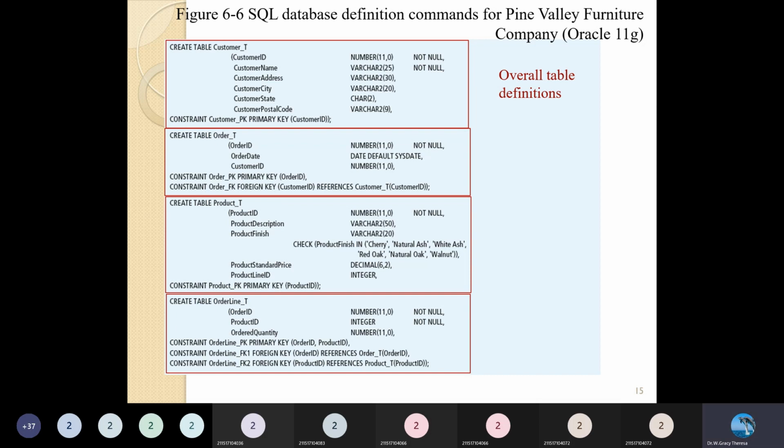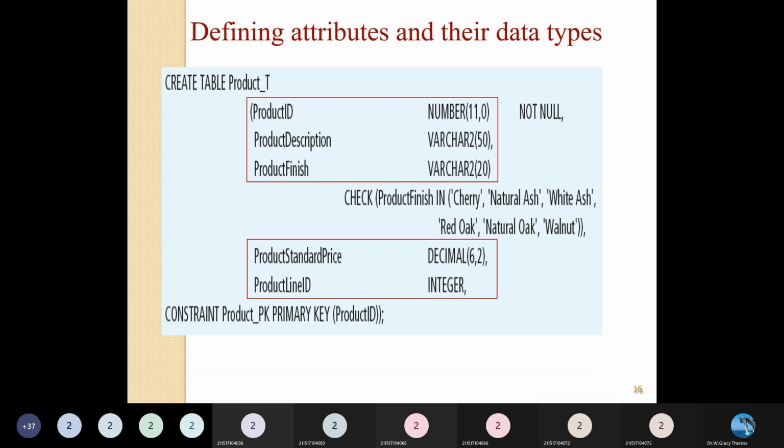So likewise, order, product, and order line. So the schema for customer, order, product, and order line is done. So identify the attributes and annotate the respective data types.